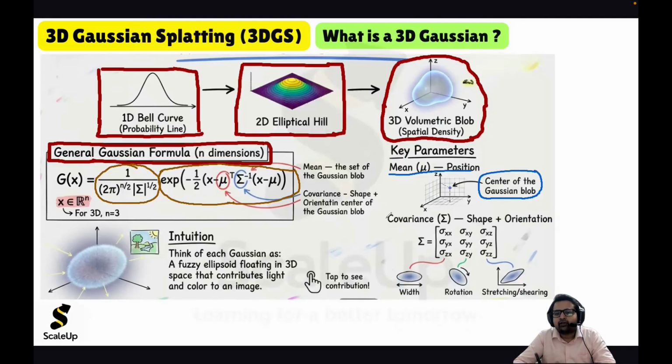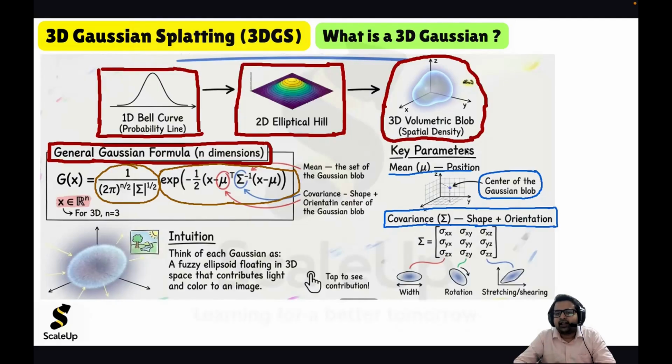And we also have the covariance matrix. Now this is very important. Let us get a feel of it. We already saw that the covariance matrix represents the shape of the 3D Gaussian and also the orientation. Now how exactly the covariance matrix represents the shape and orientation is something we should understand.